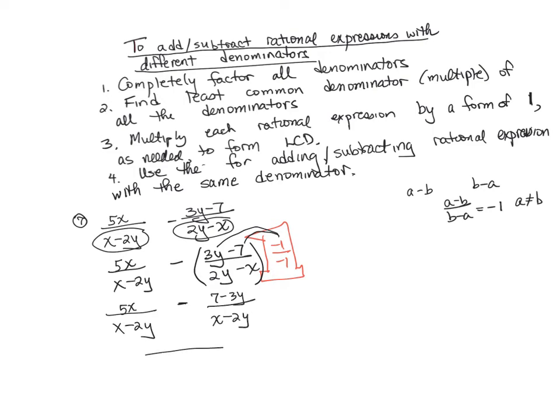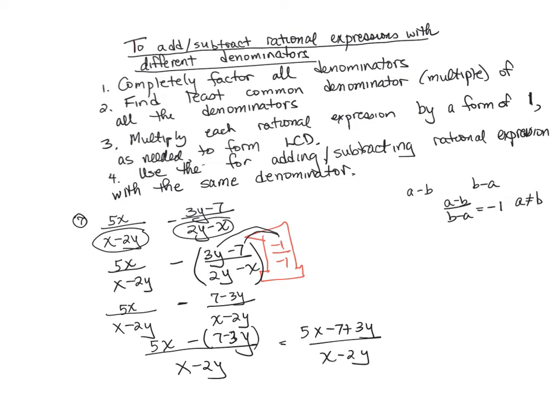But then when we combine, we have to be super careful because the second part has to be in parentheses in the numerator. So we get 5x minus 7 plus 3y over x minus 2y.